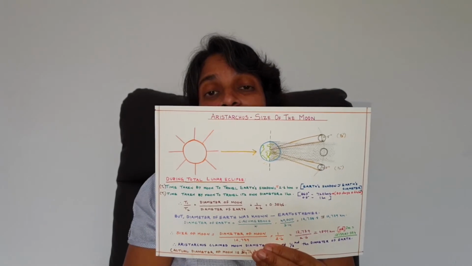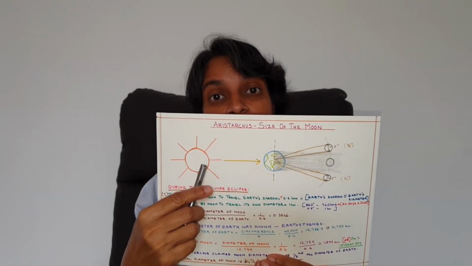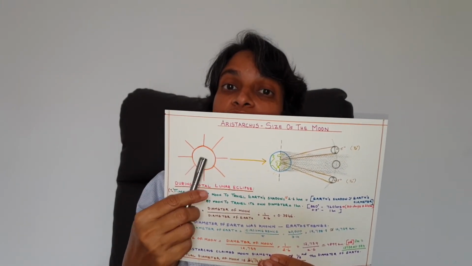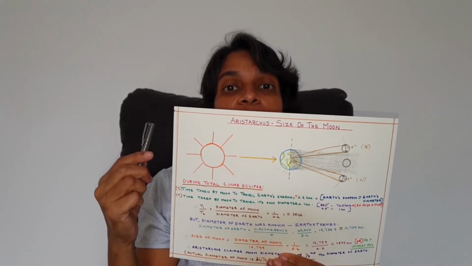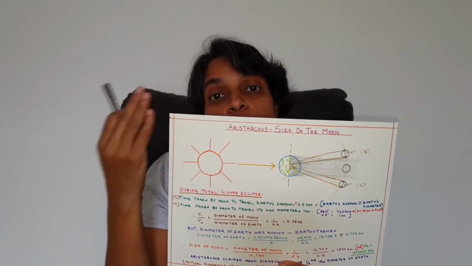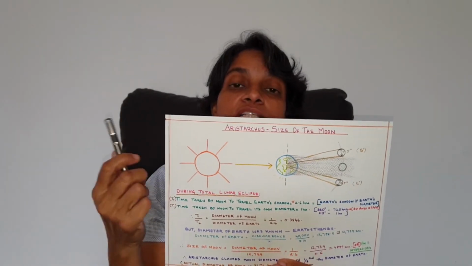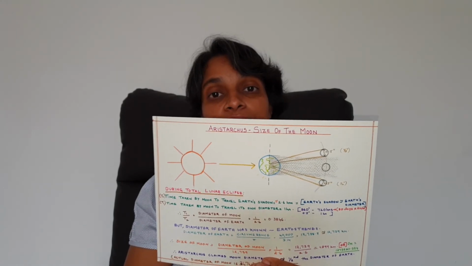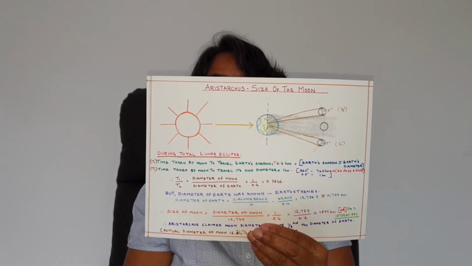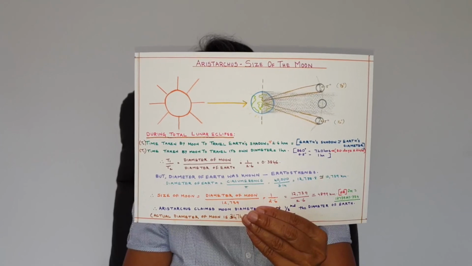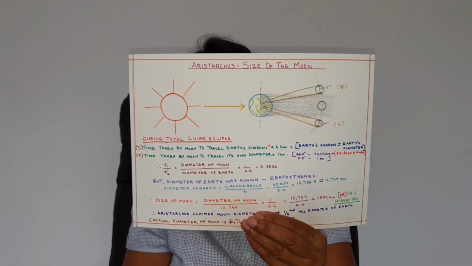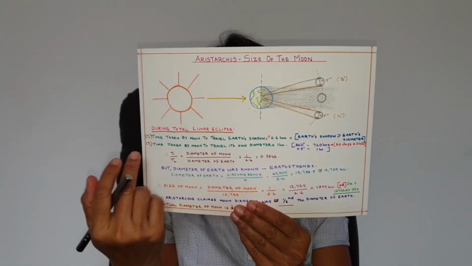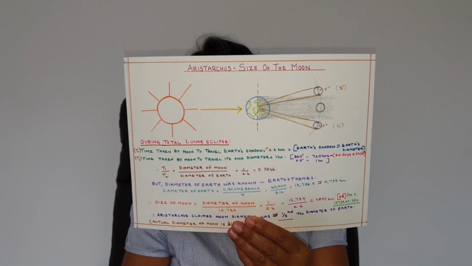So logically, he said, heliocentric theory, or the sun in the center of the solar system, will be more logical and appropriate to consider than the geocentric theory which was prevalent back then. So Aristarchus was the first to propose heliocentric theory of the solar system, and his experimental proofs demonstrated in our videos supported heliocentric theory.